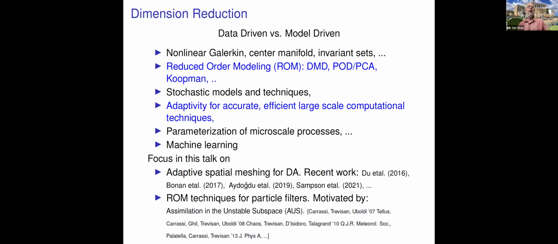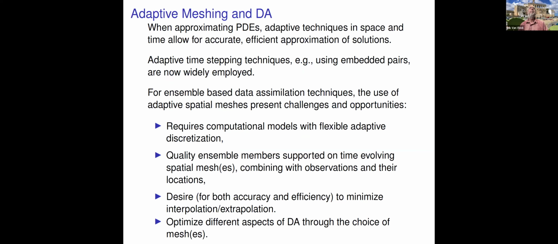So there we go. Here's some recent work. Our work on reduced order modeling really was motivated by the work on AUS, assimilation in the unstable subspace. And here are some recent references on adaptive spatial meshing for DA as well.